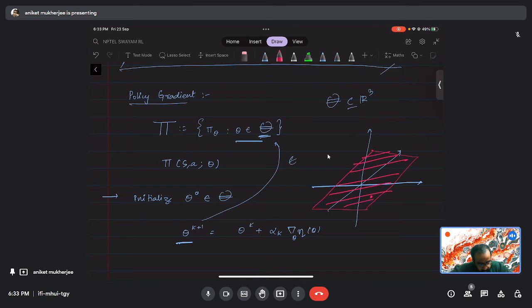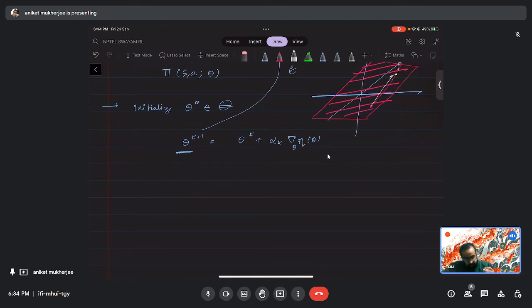While doing my update, it could so happen that I go out of the plane and land somewhere here. Then what I do is project it the shortest distance to the plane and find that point. This is my new point instead of going out. This doesn't happen in discrete game settings, or when everything is discrete. This mainly happens in continuous state space, so you need to do the projection.